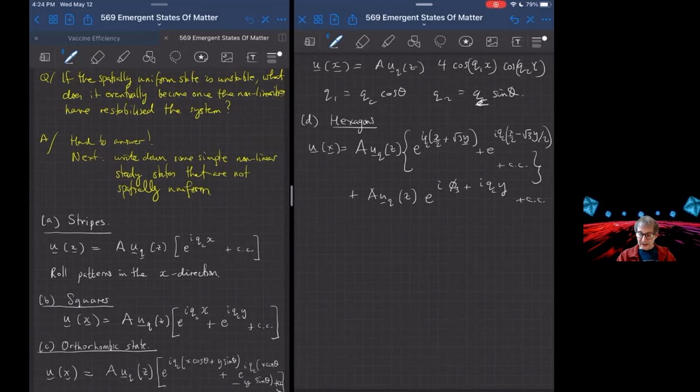So this is a hexagon, and the variable phi 3 can either be 0 or pi. So that's just basically a sort of phase shift for the hexagons. But anyway, many other states can be constructed.